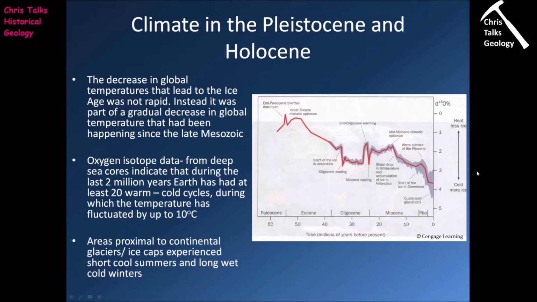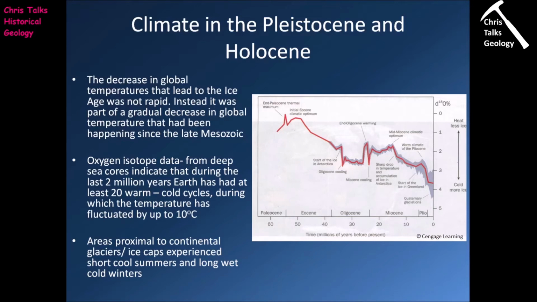Now, the thing you'll notice about this particular graph is that it doesn't actually have any temperature values over here. Instead, we're looking at the delta oxygen 18 values. So if you remember, glacial ice will preferentially lock up water molecules that contain oxygen 16. Now, this means the oxygen 16 bearing water will not be returning to the oceans, and so as there's more and more glacial ice, more and more oxygen 16 gets locked up, and so we see a comparable increase in the amount of oxygen 18 bearing water in the oceans.